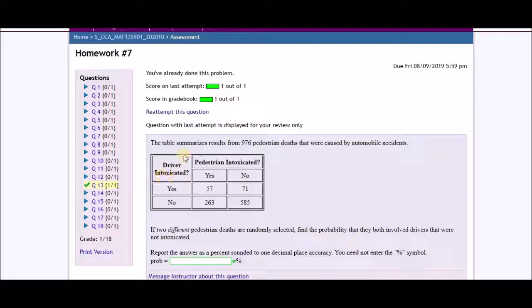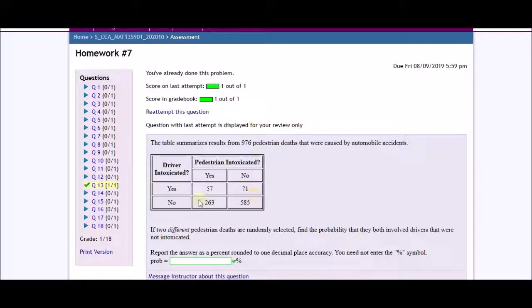And then there is the driver, whether the driver was intoxicated or not intoxicated. So, for example, if you look at this row right here, this row involves all of the pedestrian deaths that involve a driver that was intoxicated because it says yes here.